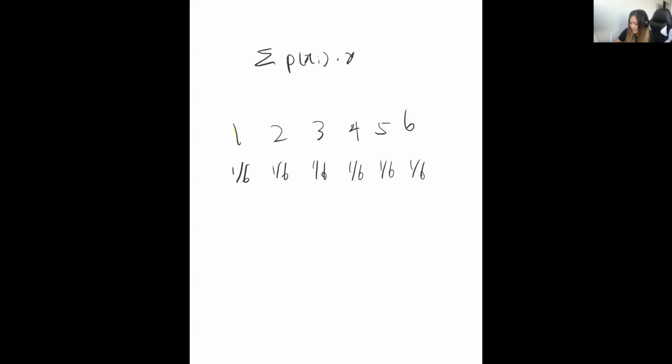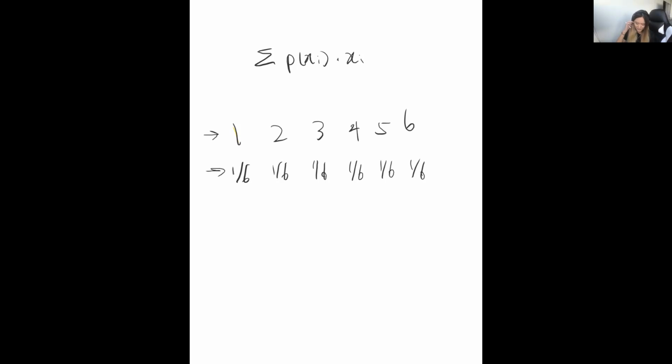Possible outcomes are 1, 2, 3, 4, 5, and 6. And so each of these has a 1 out of 6 chance of occurring, right? And so in this formula, if you want to sum the probability of xi times xi, where each xi is each possible outcome, that means we're taking the sum of this multiplied by this.